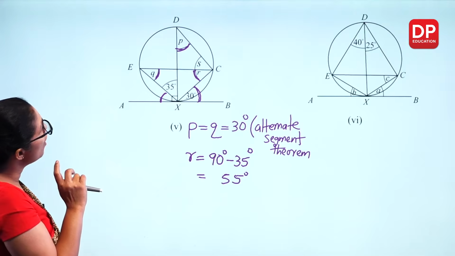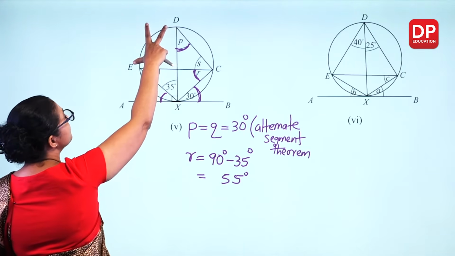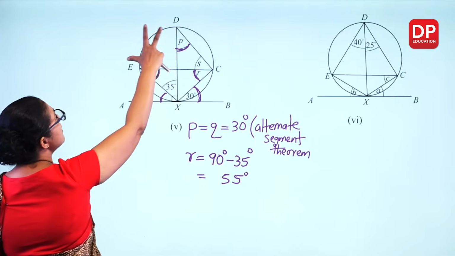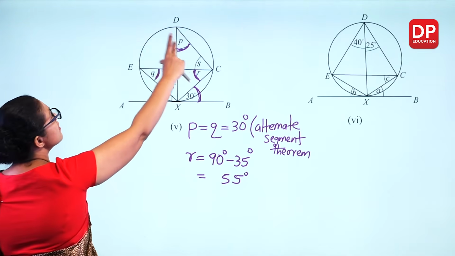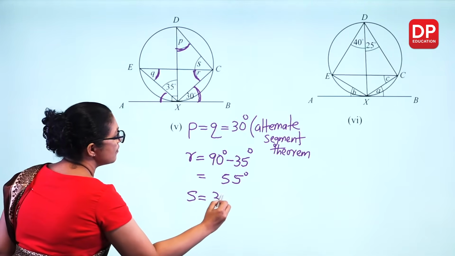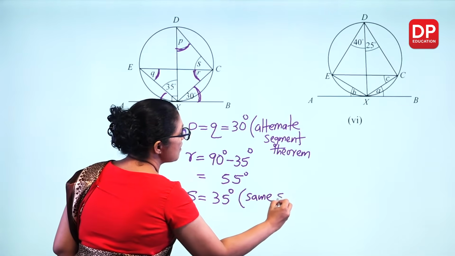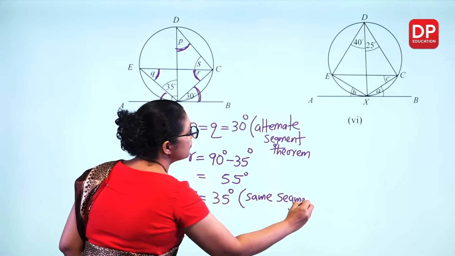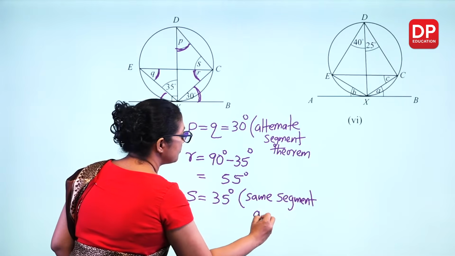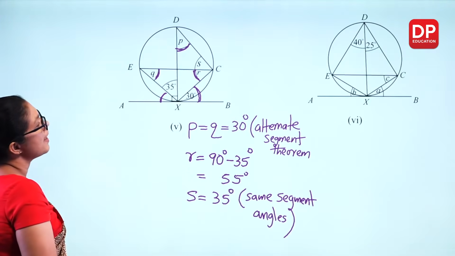Now we need to find out S. Look at ED chord, this angle and this angle. So S is equal to 35. Same segment angles. So we found all the angles there.